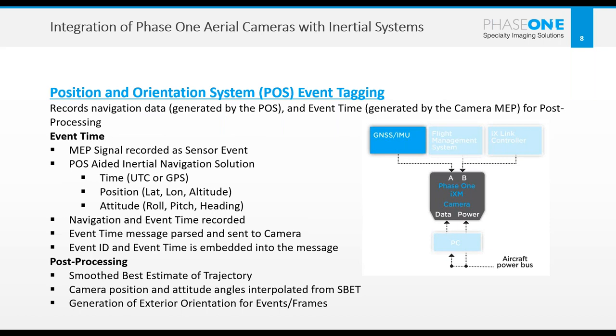For further purposes, post-processing will use the smoothed best estimate of trajectory to calculate camera position and attitude angles interpolated from this. This is necessary for the generation of the exterior orientation for events or frames, whatever you want to call it.